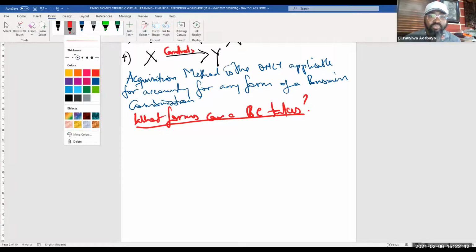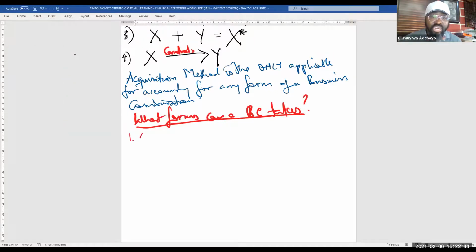One, it can be by way of acquisition. Acquisition means you acquire another company without an intent to subsume that company, but rather to maintain that company as a separate legal entity, over which you exert your control.